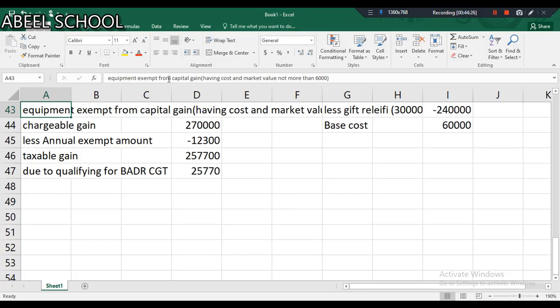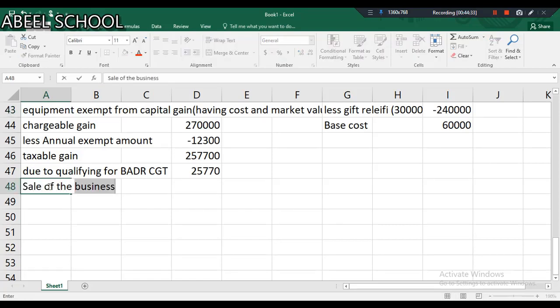So let's try sale of the business on 30th April 2023. We will get CGT this.